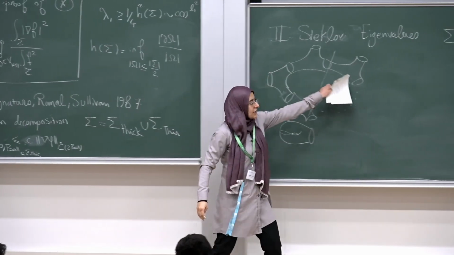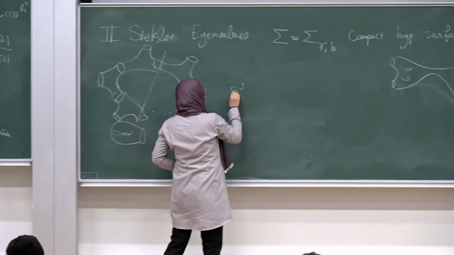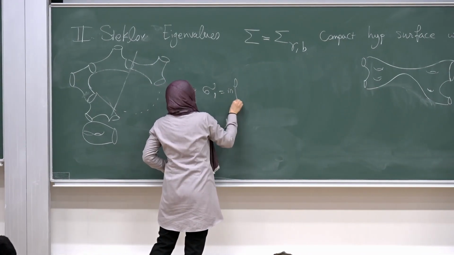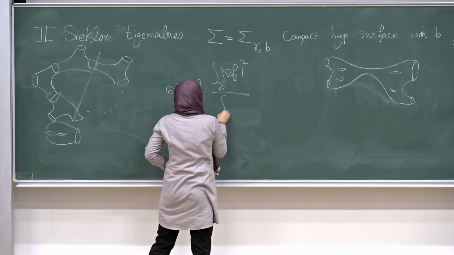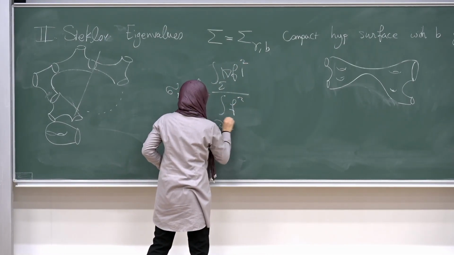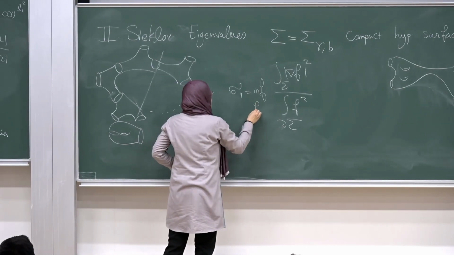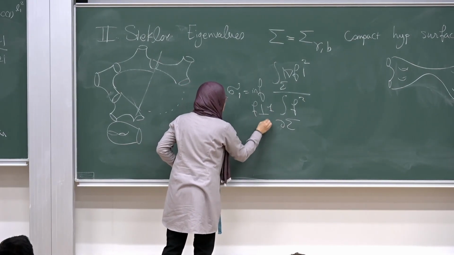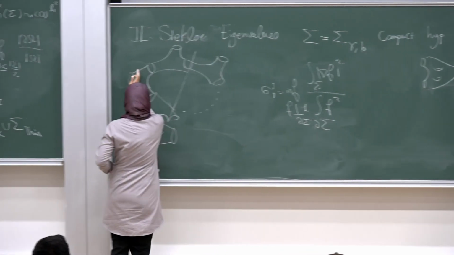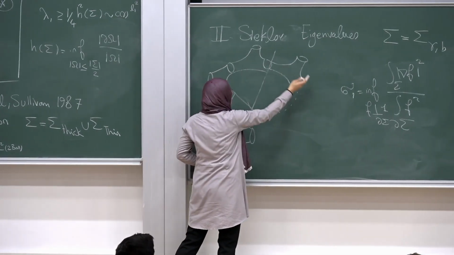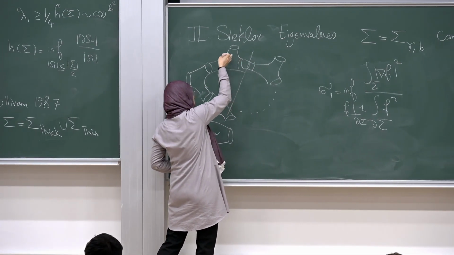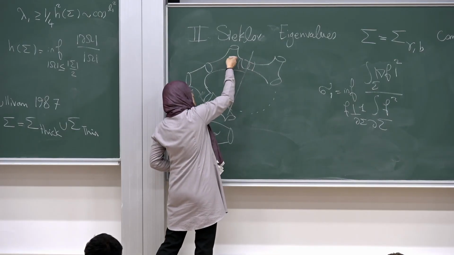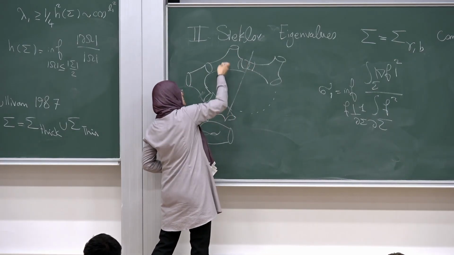Here plus 1, here minus 1. So sigma 1 is the infimum of the Rayleigh quotient over the boundary for f orthogonal to constants along the boundary. So half of that is plus 1 along the boundary, half of that is minus 1. Just here I need a little bit of space to move from plus 1 to minus 1. I use the collar neighborhood of this geodesic.